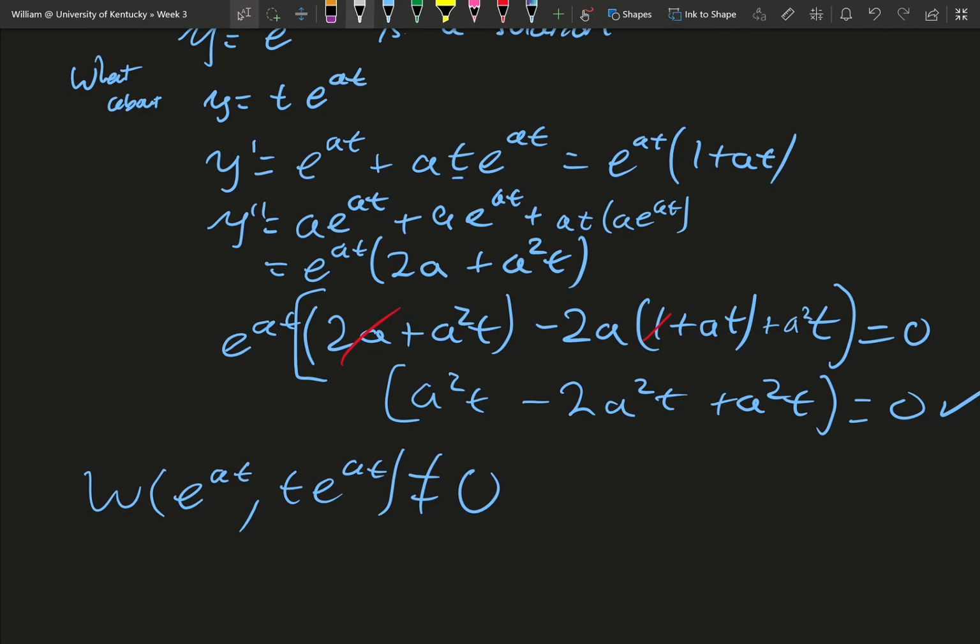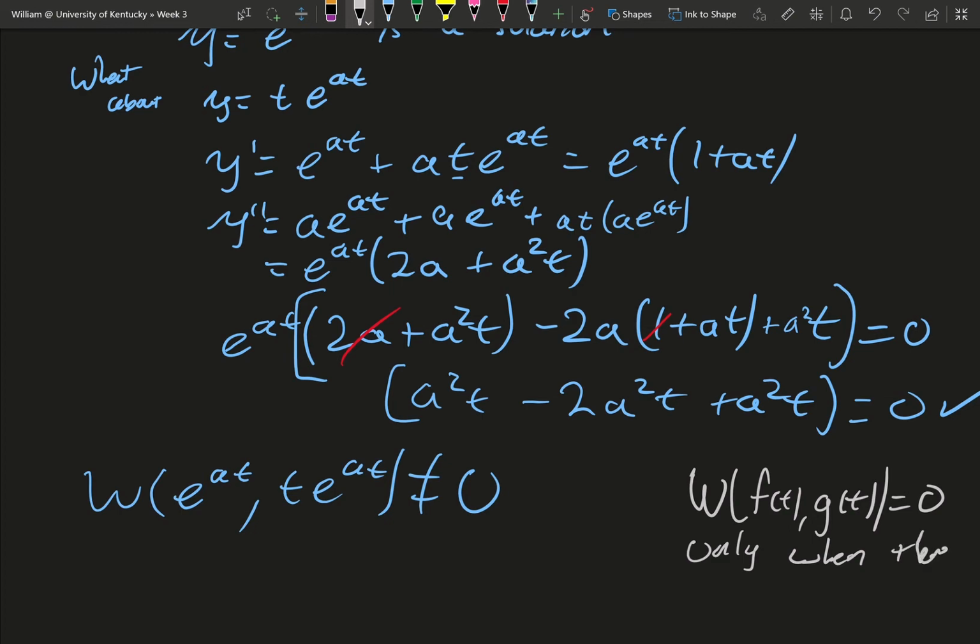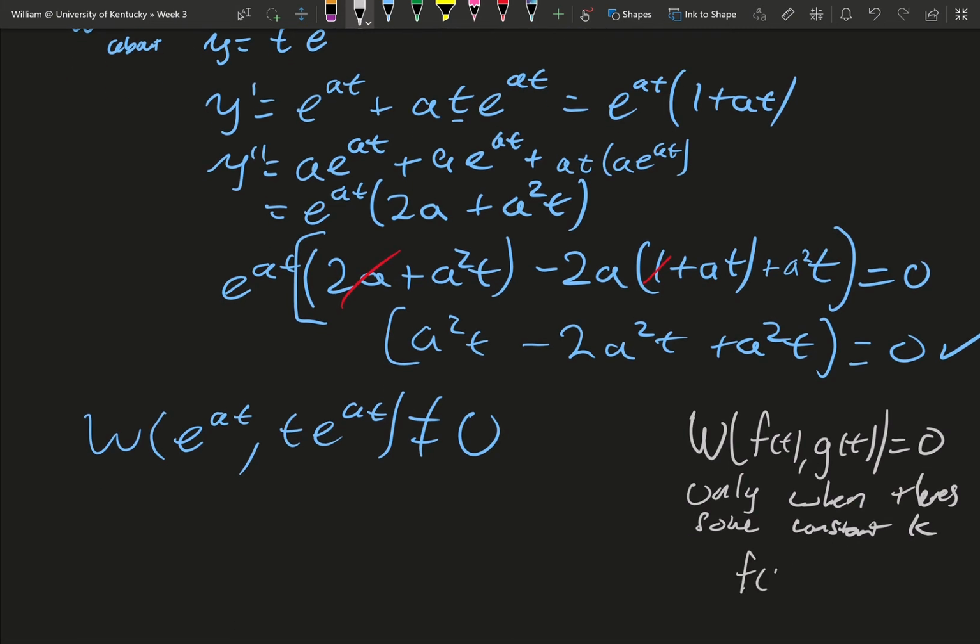If you haven't noticed by now, the Wronskian of two functions is 0 only when there's some number k so that f of t equals k times g of t, or k f of t equals g of t.